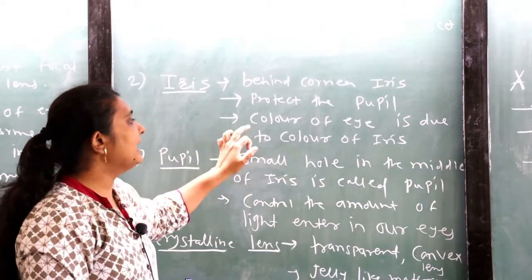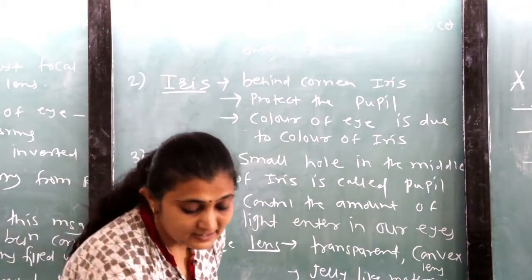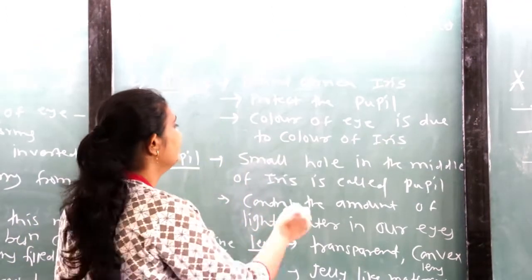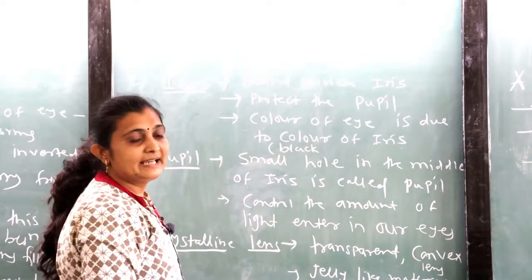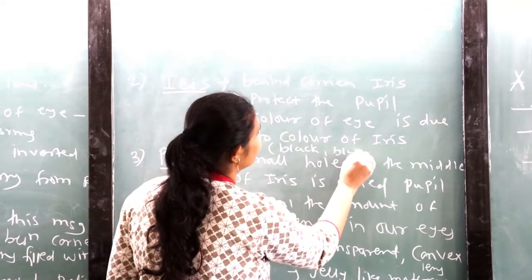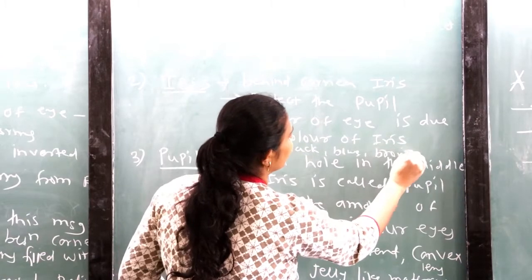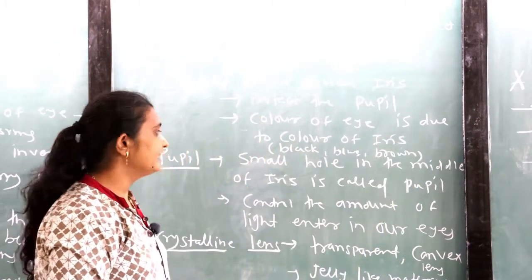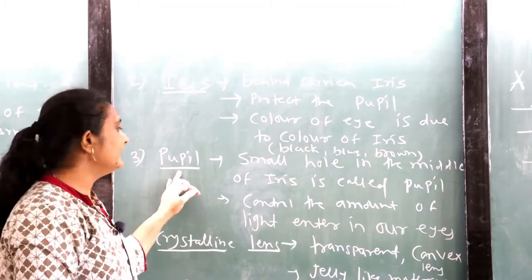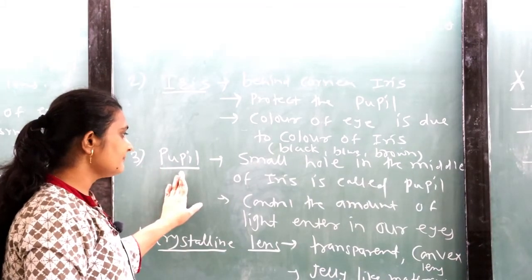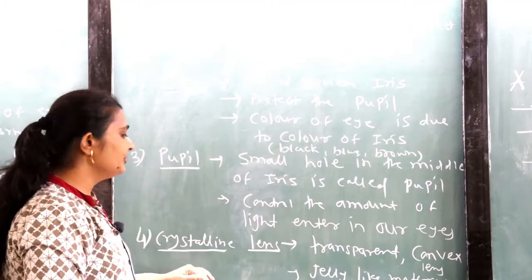The color of the eye is due to the color of the iris. The color of iris is different, suppose black. Some human beings have a blue color and brown color iris. Inside the iris, the central middle part is the pupil. Correct? And these are the functions of the pupil.